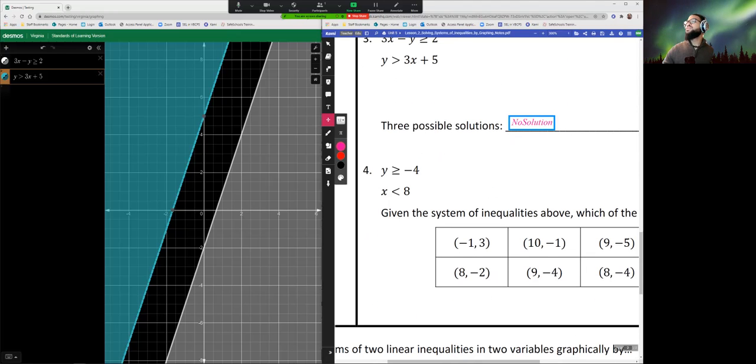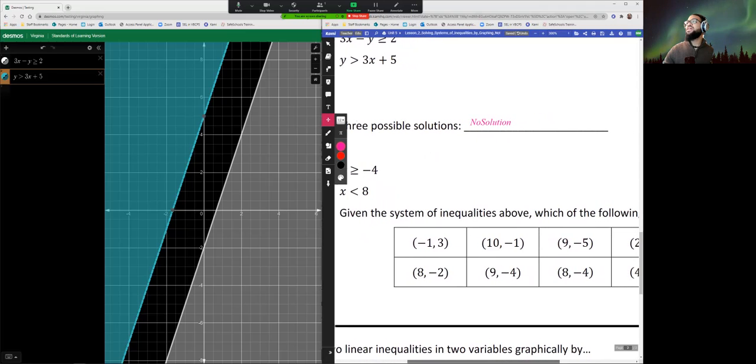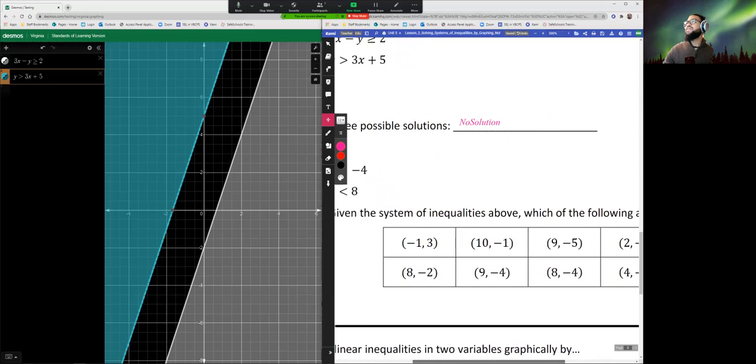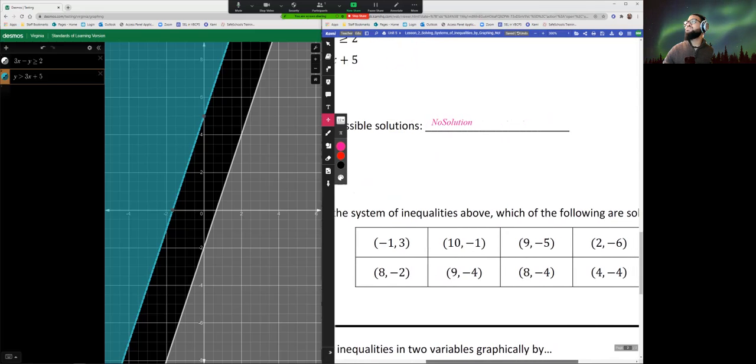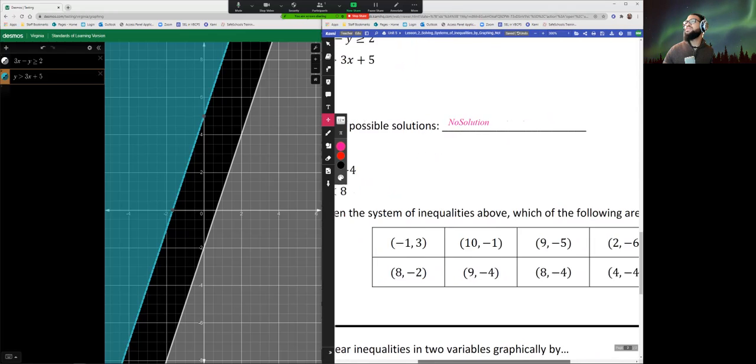All right, number 4. Number 4 says, given the system of inequalities above, which of the following are solutions? So they gave us a system and then they're giving us points to check. I'm going to do 1 or 2 of them for you. Then I want you all to do the rest just so you can get some good practice.